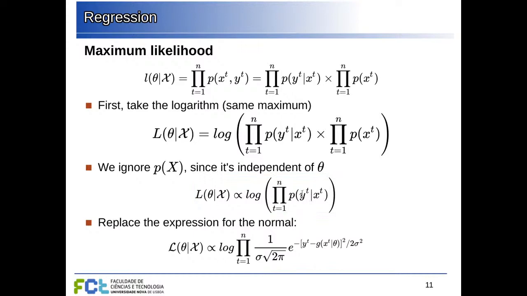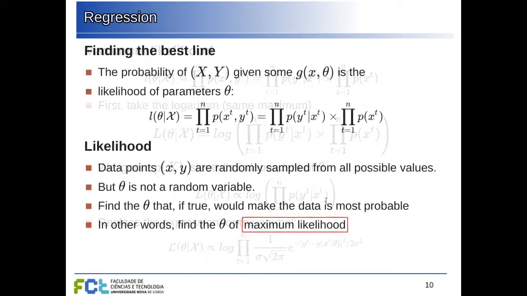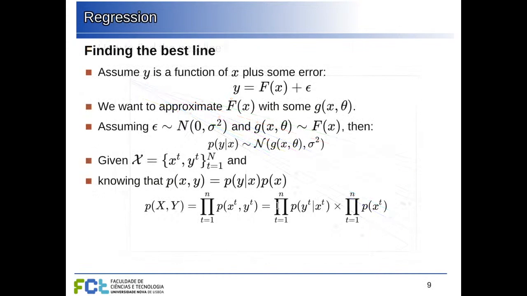Now we can apply the normal distribution here. Remember that we are assuming that the probability of a point with some value x having some value y is a normal distribution around the prediction that we are making.